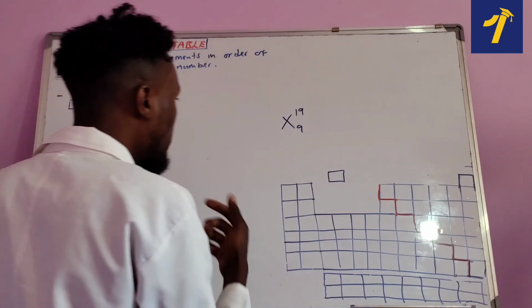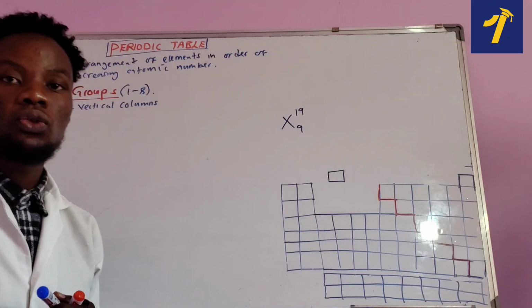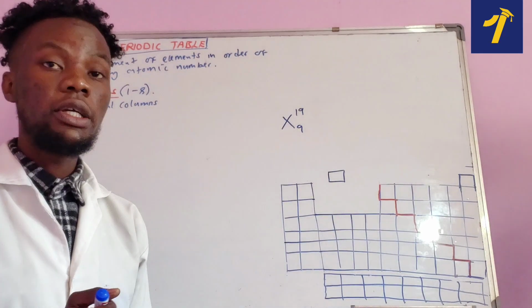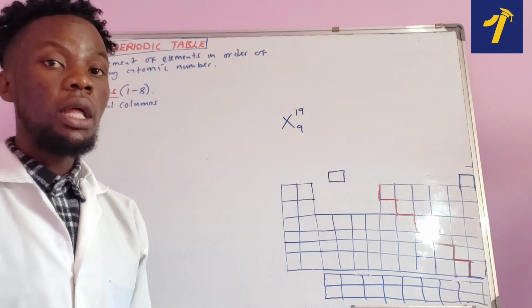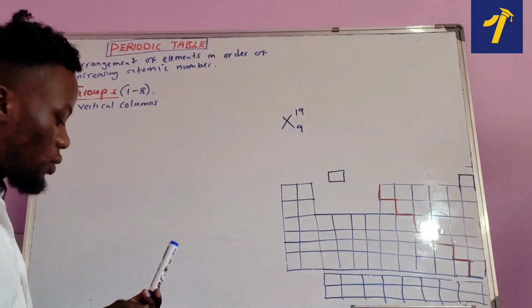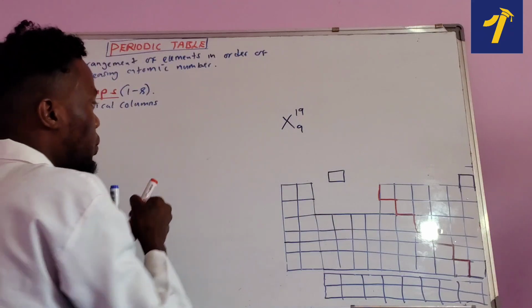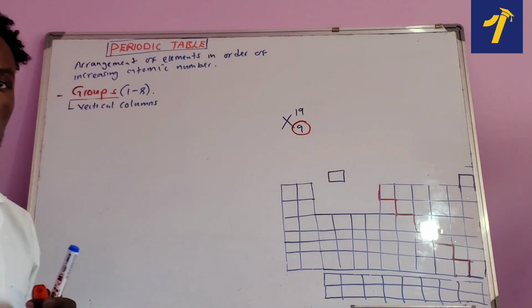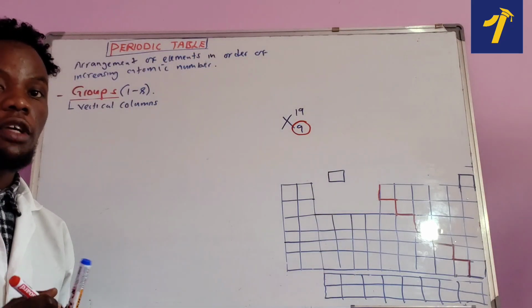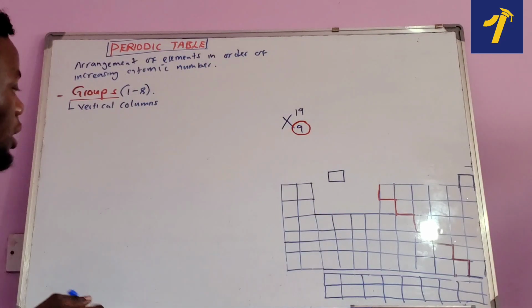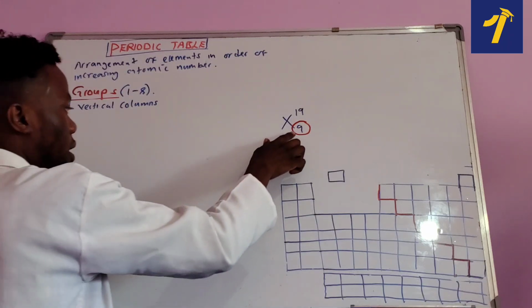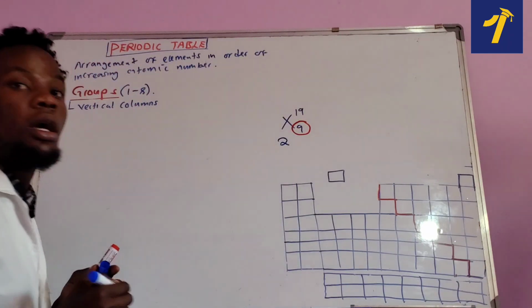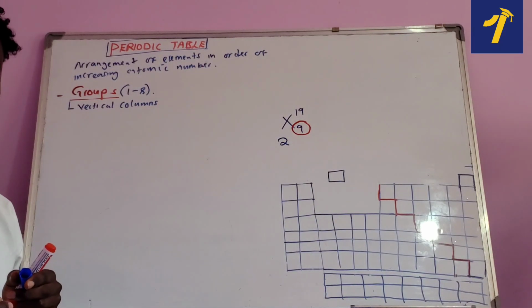Simply, we're going to do what we call electronic configuration. Make sure that you know how to write the electronic configuration for you to know the group number. We're going to use this number which is here, the atomic number. Always use the atomic number to write the electronic configuration of a certain element. So if you pick this 9, we know that in the first shell we're going to have 2 electrons.